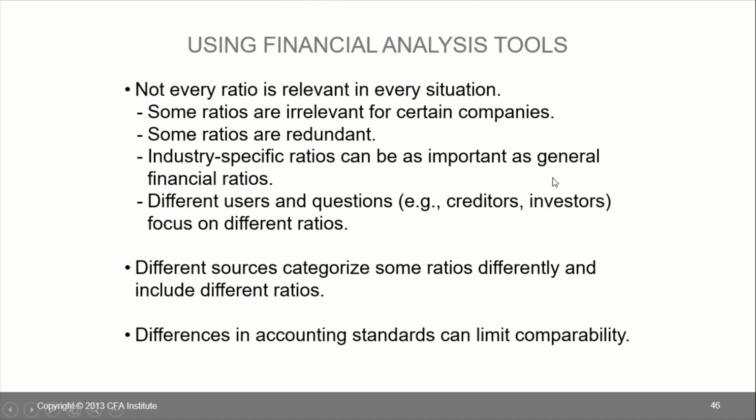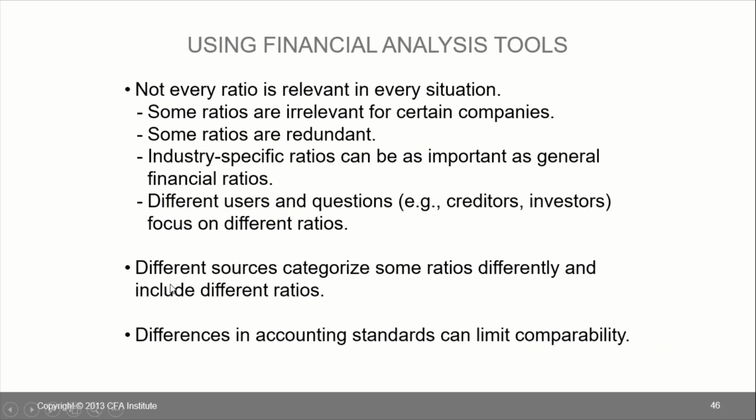Okay, we will discuss this more as we go on with our discussion. So let's just say, for example, there are ratios that are not really substantial in the property sector as compared to the banking or financial sector. Okay, we will understand that better later on.